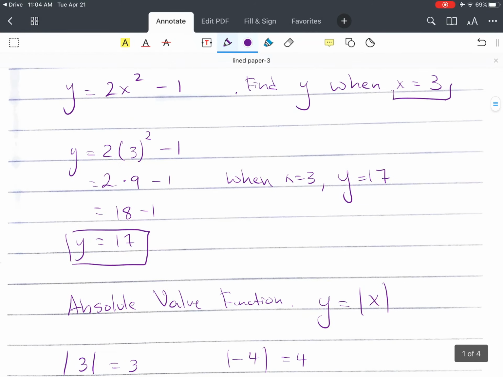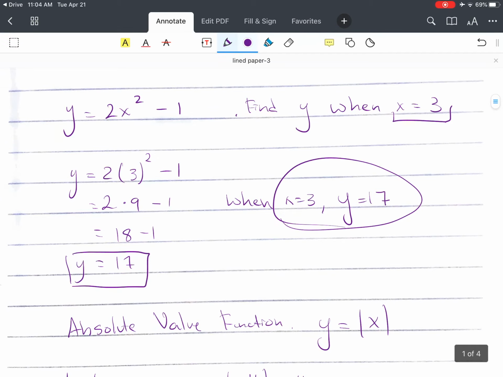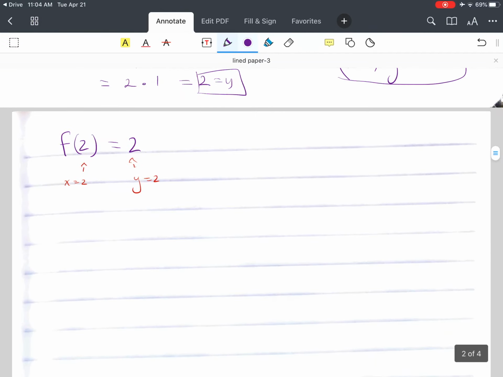Okay? So in the previous problem, right, you're writing this down, hopefully. In the previous problem, x equals 3, y equals 17. F of 3 equals 17. This means when x is equal to 3, y is equal to 17.